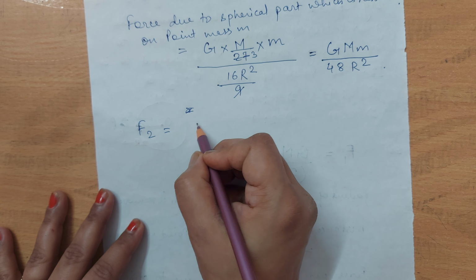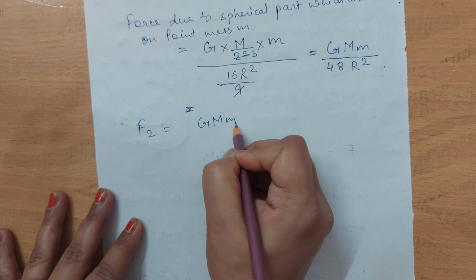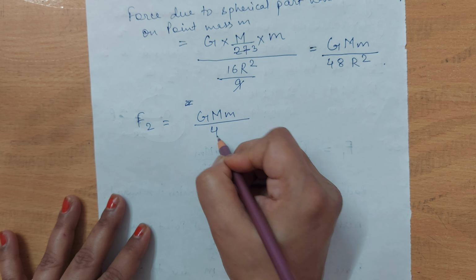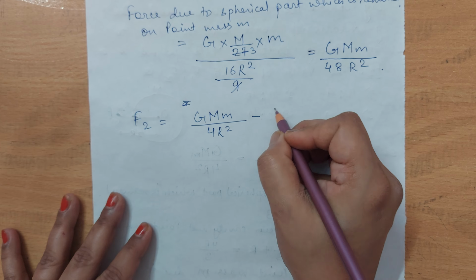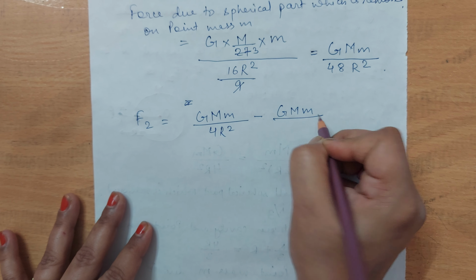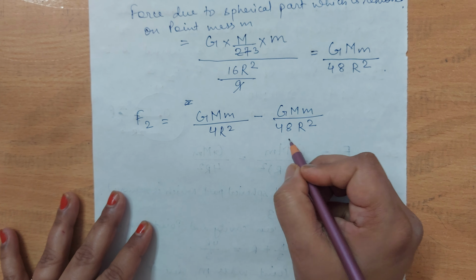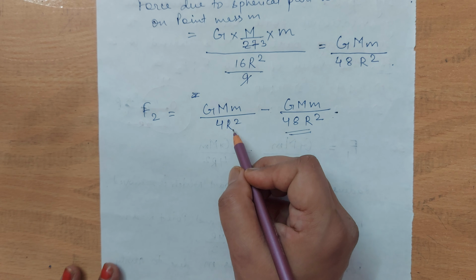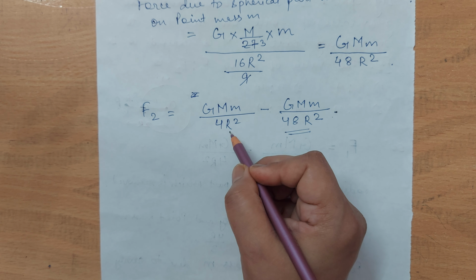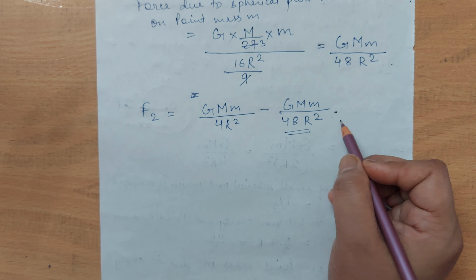So F2 is equal to GMm by 4r square minus GMm by 48 r square. This is the force at the point P due to the small spherical part which is removed. When we subtract it from the force due to the big sphere at the point P, we will find the force F2, which is the force due to the remaining sphere.